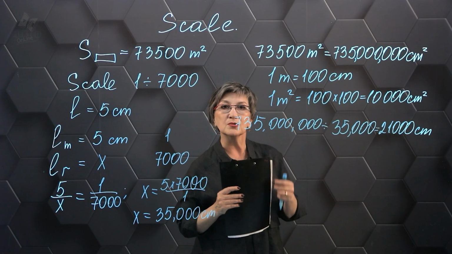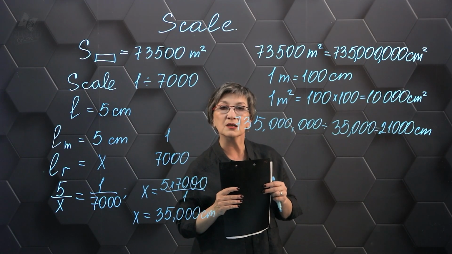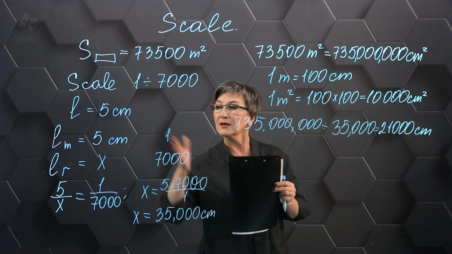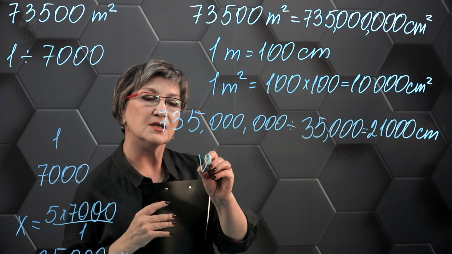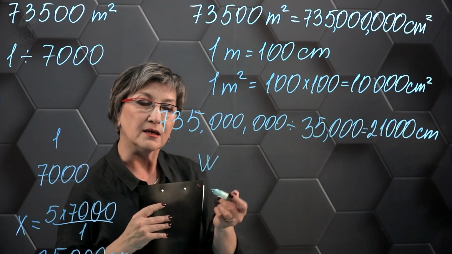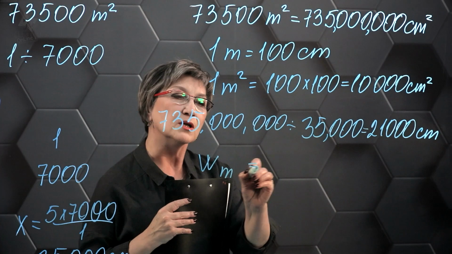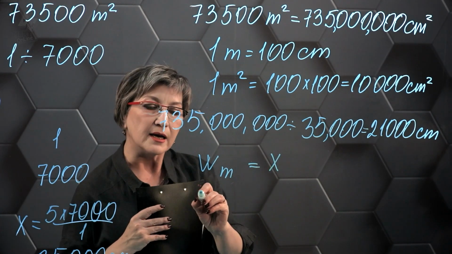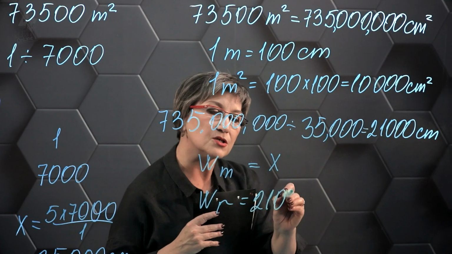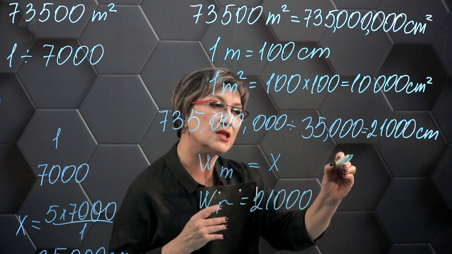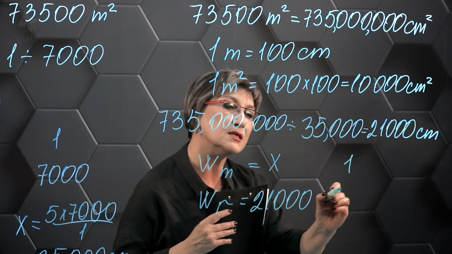And now let's find the width of the rectangle on the paper. To do this, we will use the scale again and write it down. Width on the paper is unknown, and the actual width is 21,000 centimeters. The scale remains the same, 1 to 7,000.